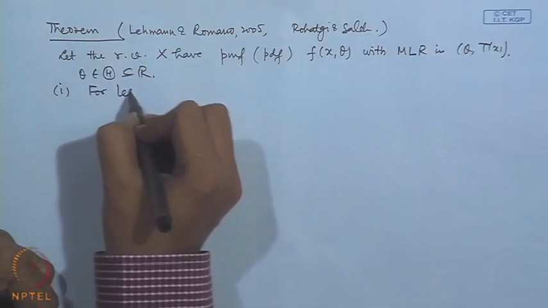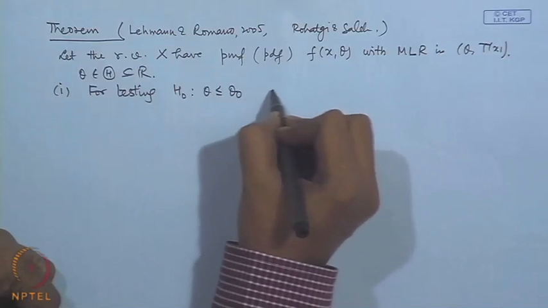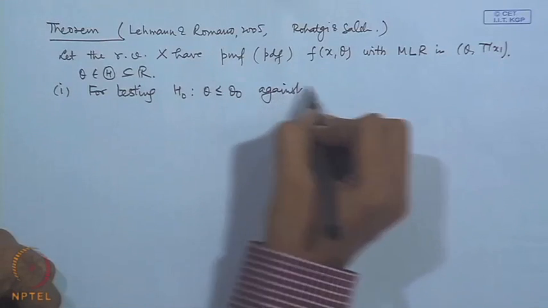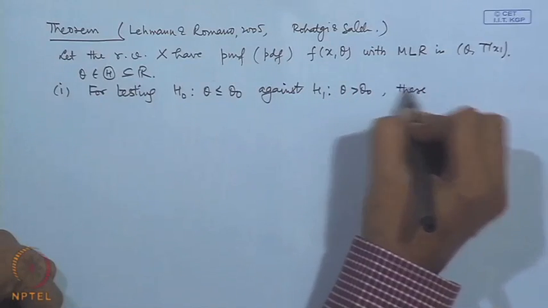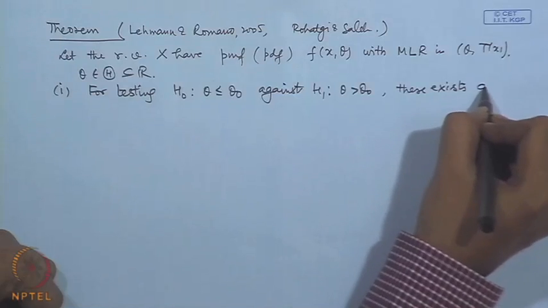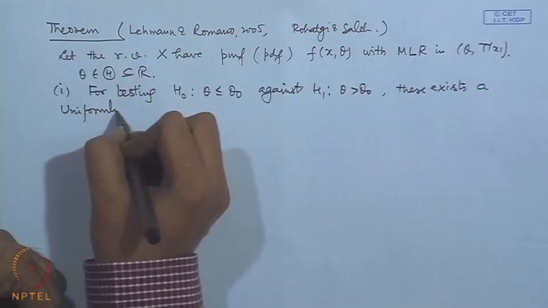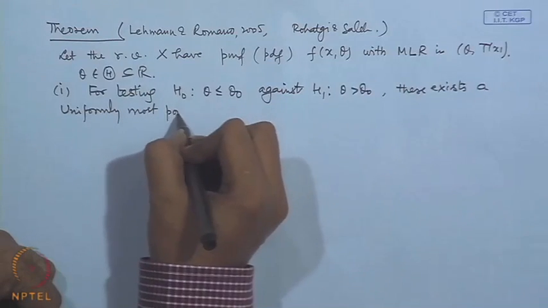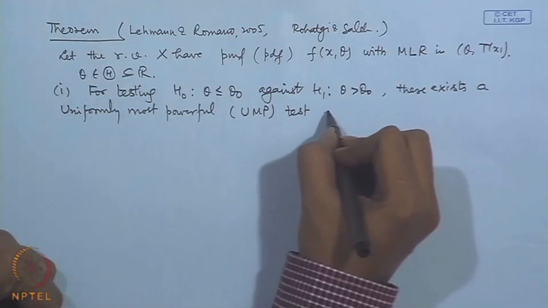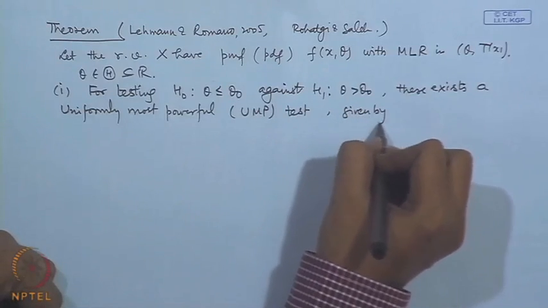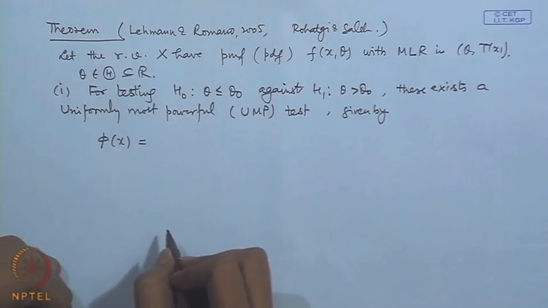So, the result that we are having here is that for testing H naught: theta less than or equal to theta naught against H 1: theta greater than theta naught, there exists a uniformly most powerful test, that is UMP test, given by, as before we will use the phi notation for the test function.